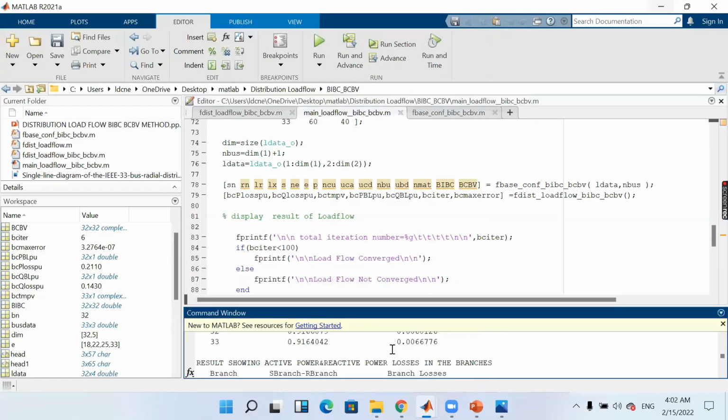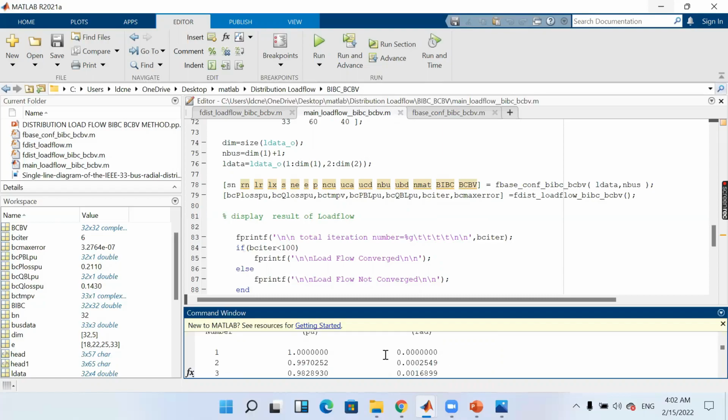Here we can see that the number of iterations taken is 6. So 6 is less than 100. That means the load flow converged. Otherwise, if it is equal to or greater than 100, then the load flow is not converged. And the maximum error deviation is this much.